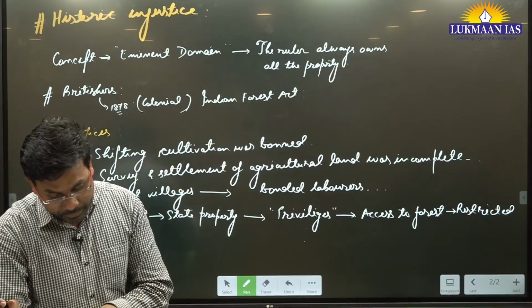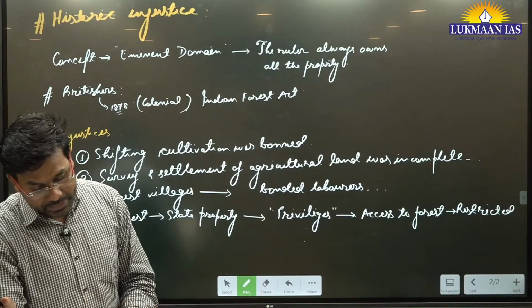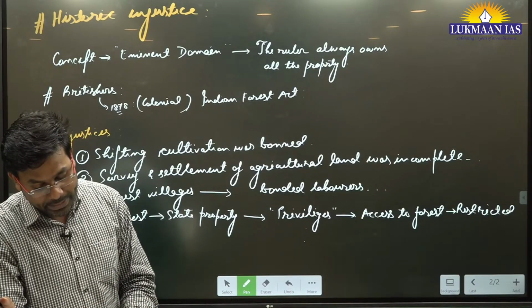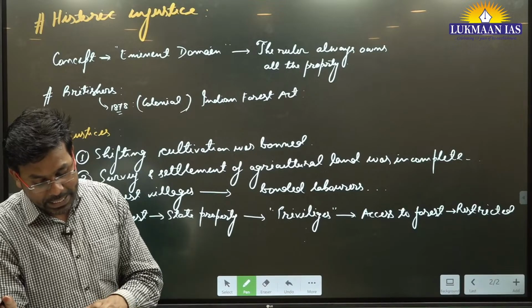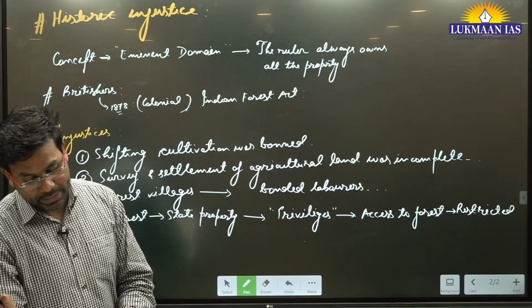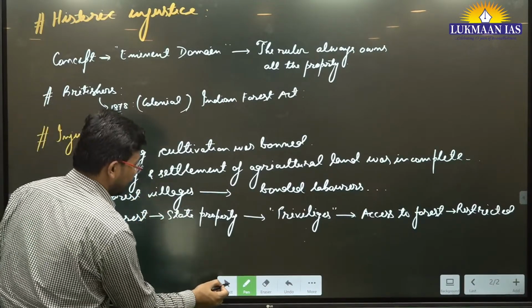And the fifth: even where access was permitted, the local community had no right to manage the forest, as the state logged valuable forest and made heavily used forest de facto open access.